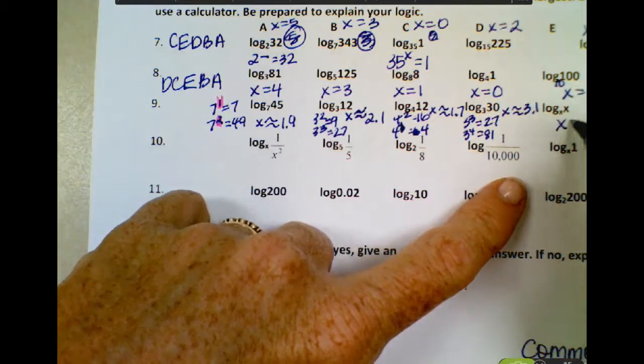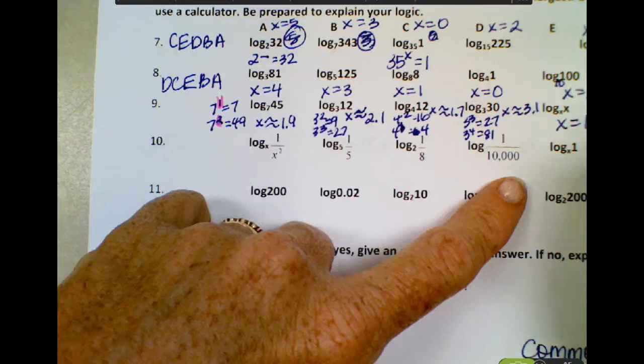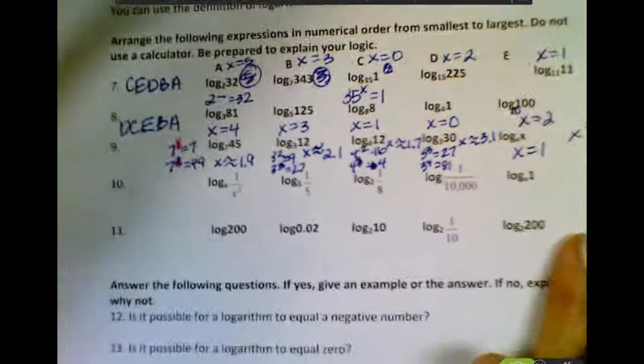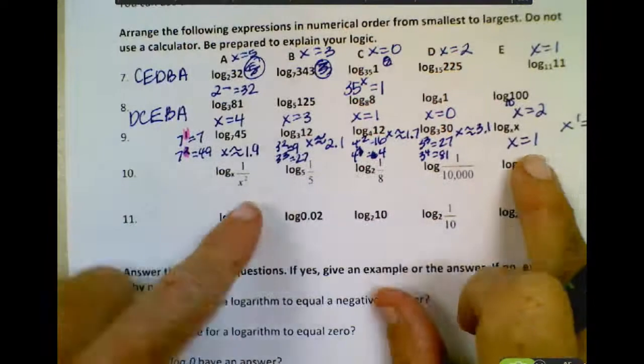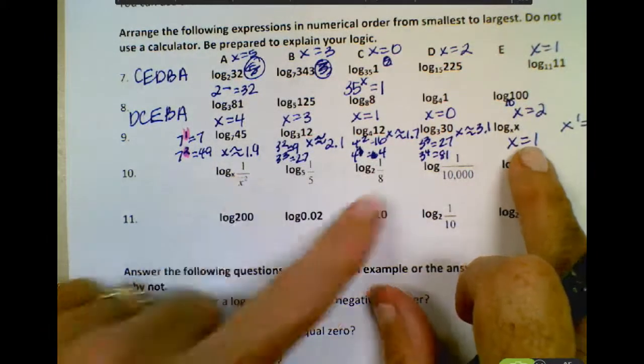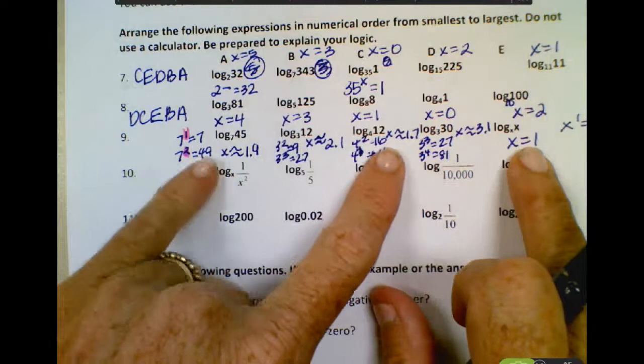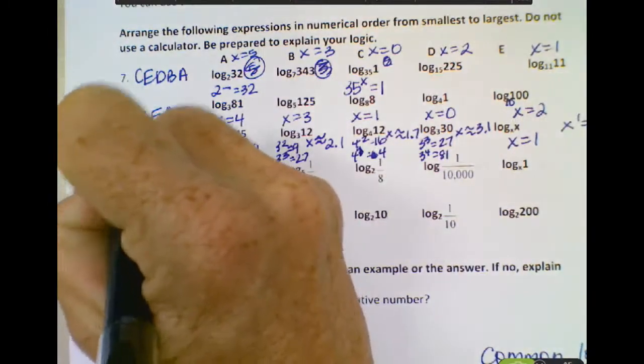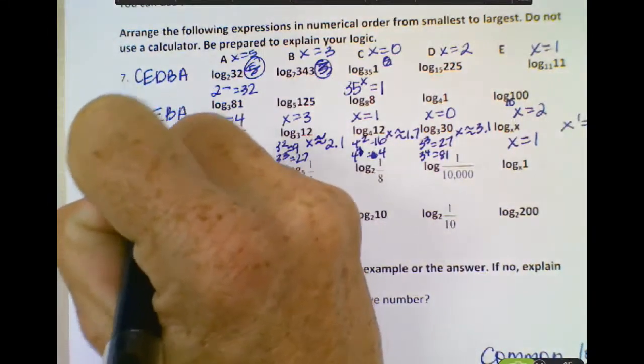That would just be, for sure, 1. X to the first gives you x. We know that for sure. Okay. So if I had to put those in order of smallest to largest, I would have E, C, A, B, D.